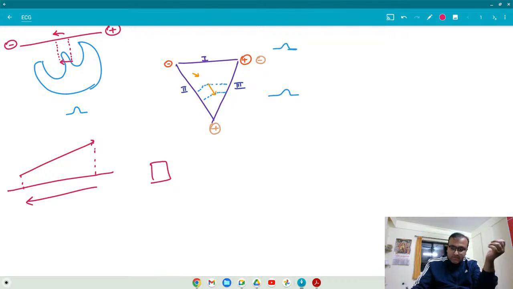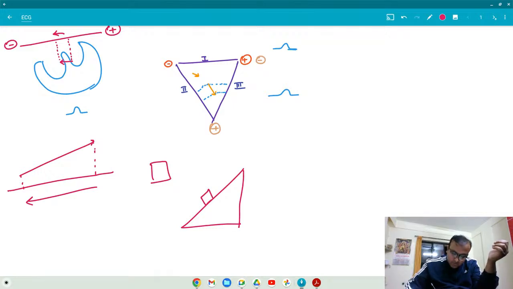I think this is very simple. Suppose there is a hill, and suppose there is an object present. When the force is applied in this direction, there will be one component working in this direction.